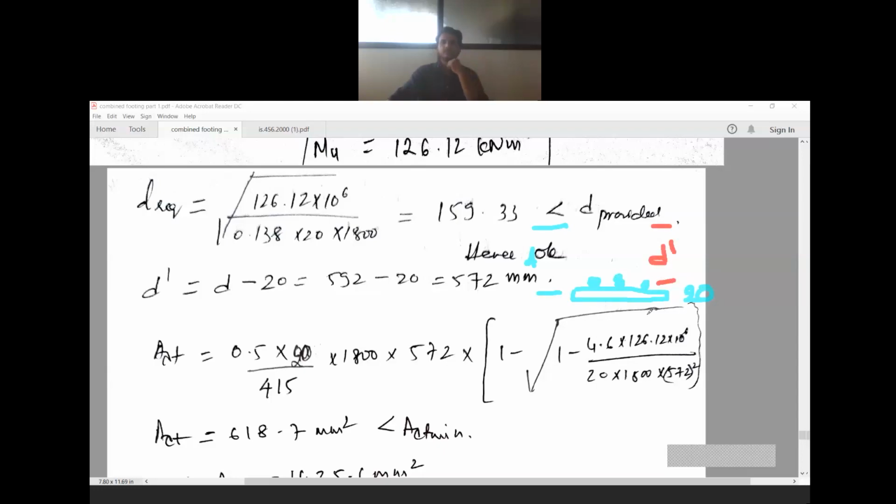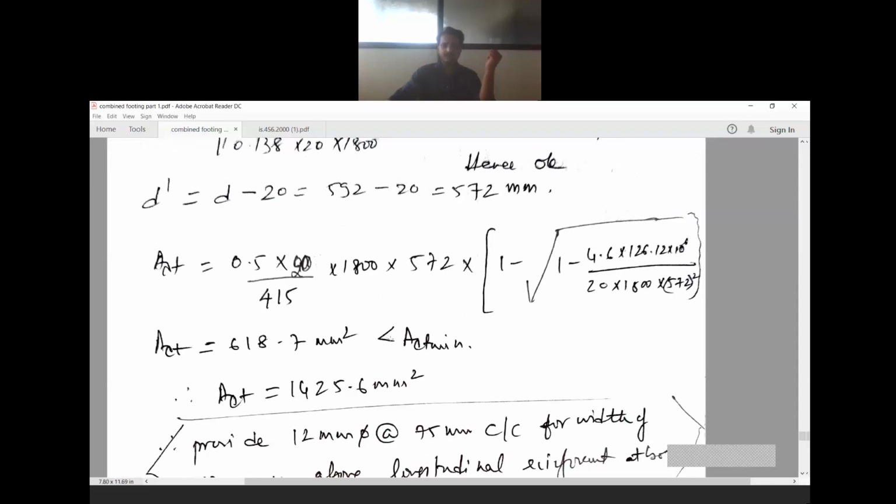So what happens is it becomes 20 mm less. So the effective depth will be 20 mm lesser. Calculate it: D is 592 minus 20. So your effective depth for calculating the transverse reinforcement is 572 mm.